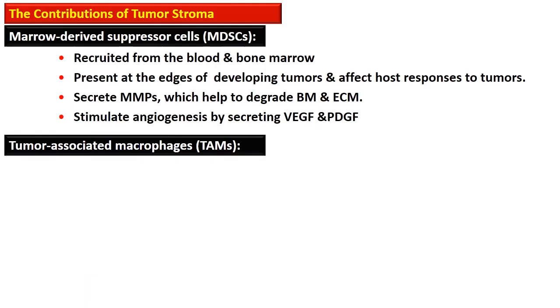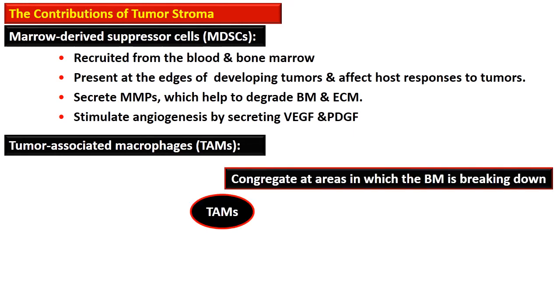The marrow-derived suppressor cells are recruited from the blood and bone marrow, and they are responsible for the degradation of basement membrane and extracellular matrix by secretion of matrix metalloproteases. They also stimulate angiogenesis by secreting platelet-derived growth factor and vascular endothelial growth factor, and they are present at the edge of the developing tumor, and they also affect host response to the tumor.